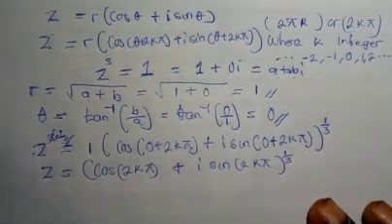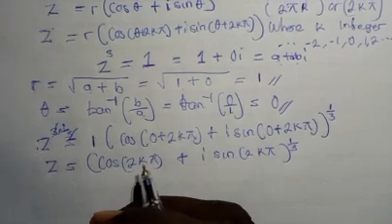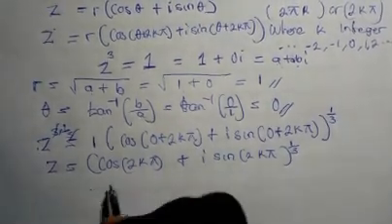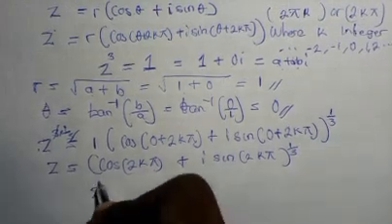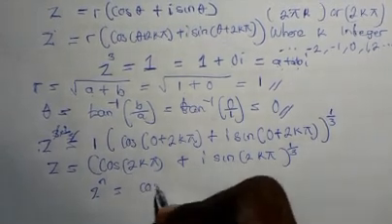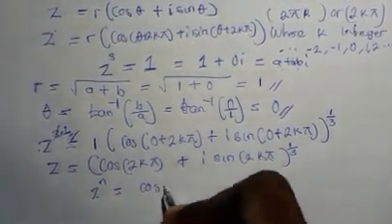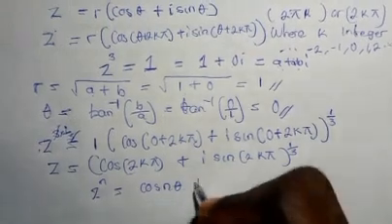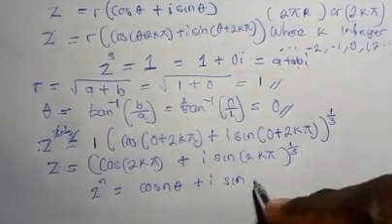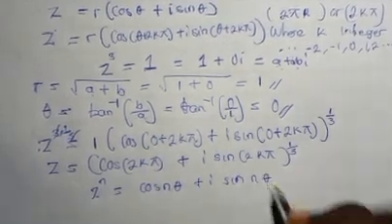So recalling this property, which says z raised to the power n is equal to cos n theta plus iota sine n theta.